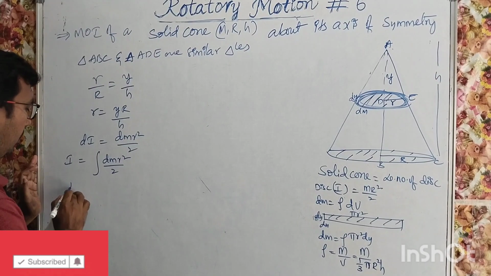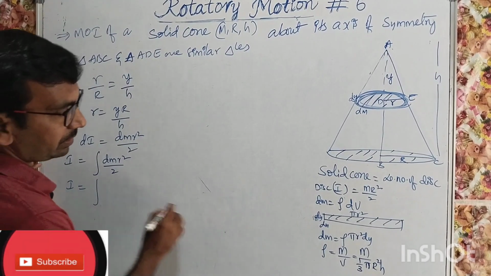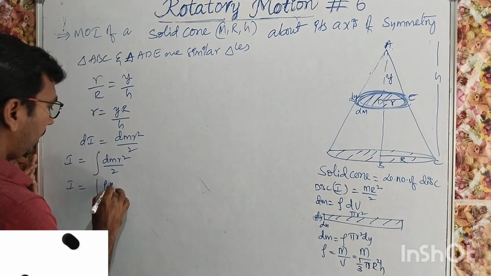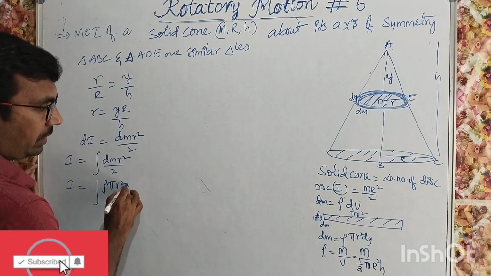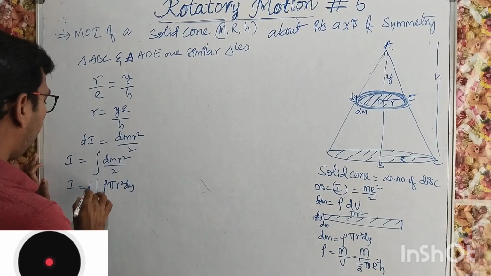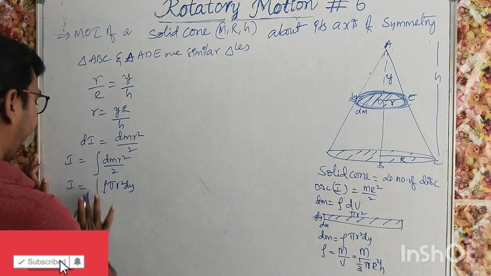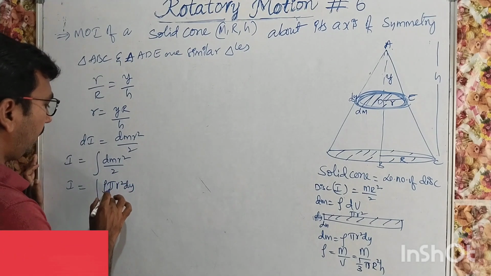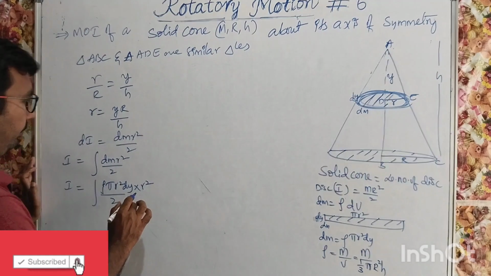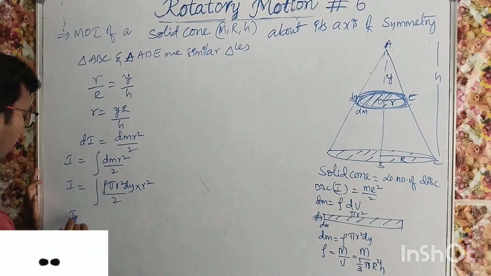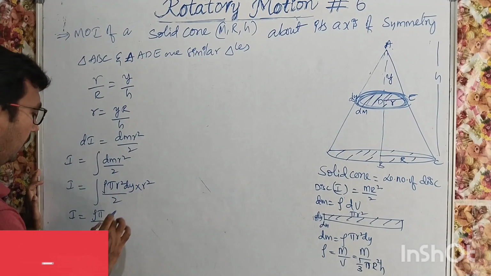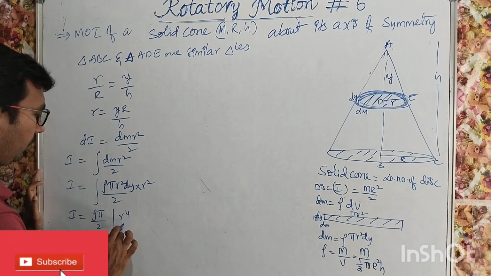Substitute the dm value: dm is rho pi r square dy. 1 by 2 is common, so I equals rho pi by 2 into r to the power of 4, integration of r to the power of 4 dy.